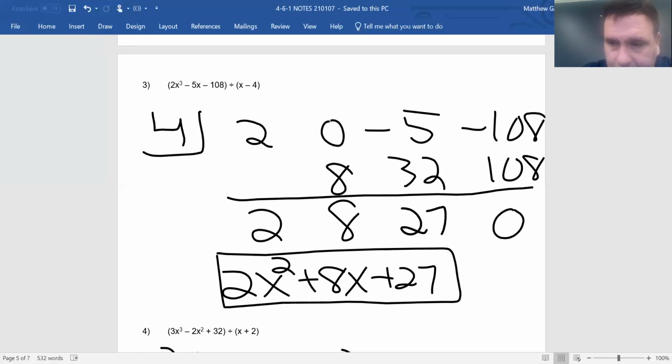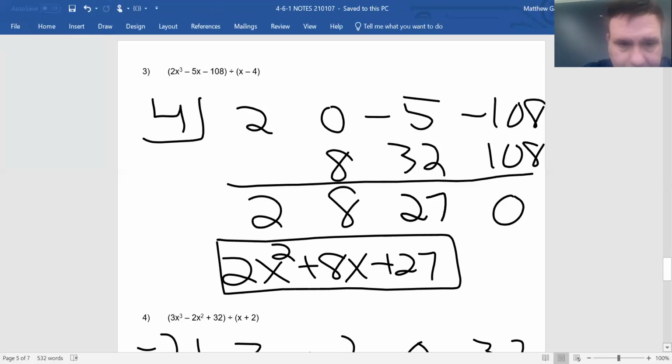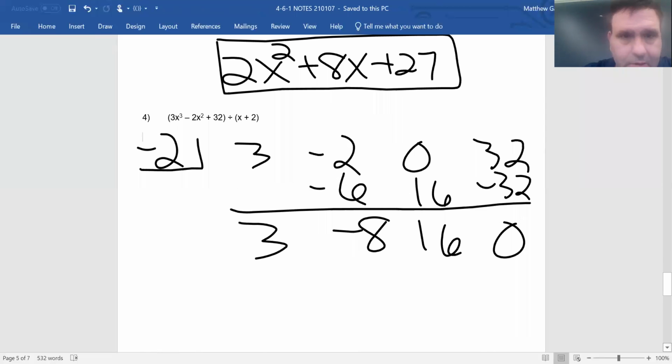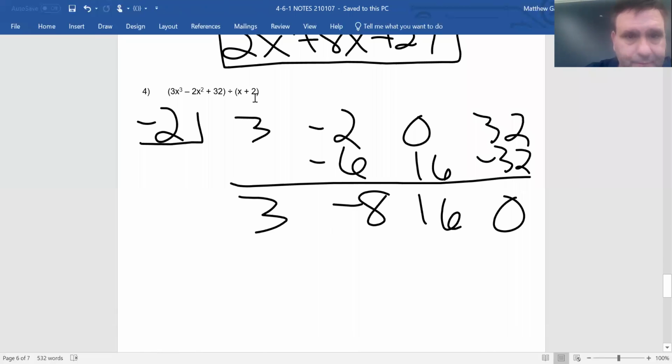And then in question 4, your excluded value is negative 2. And you got a placeholder here. You got 3x cubed, negative 2x squared, and you need a 0 for the 0x between negative 2 and positive 32.